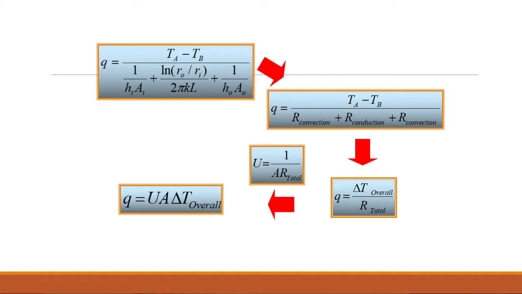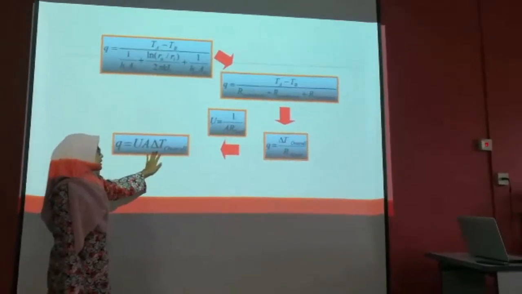When we derive, we get heat loss equal to delta T over total resistance. So the heat loss coefficient U is equal to 1 over total resistance. When we derive that, we get Q is equal to heat transfer coefficient times surface area times overall delta T.